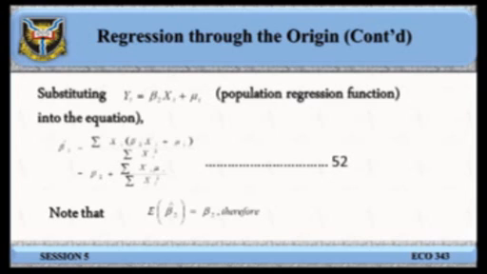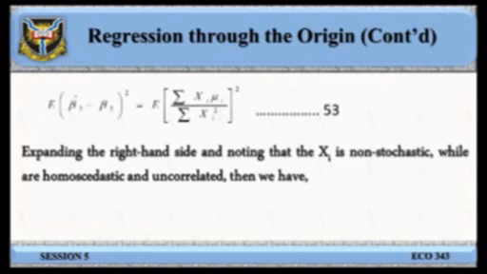Then we obtain the equation below. Note that E into bracket beta 2 estimator is equal to beta 2. Therefore, E into bracket beta 2 estimator minus beta 2 squared is equal to E parenthesis open summation xi mu i over summation xi squared parenthesis closed squared, equation 53.